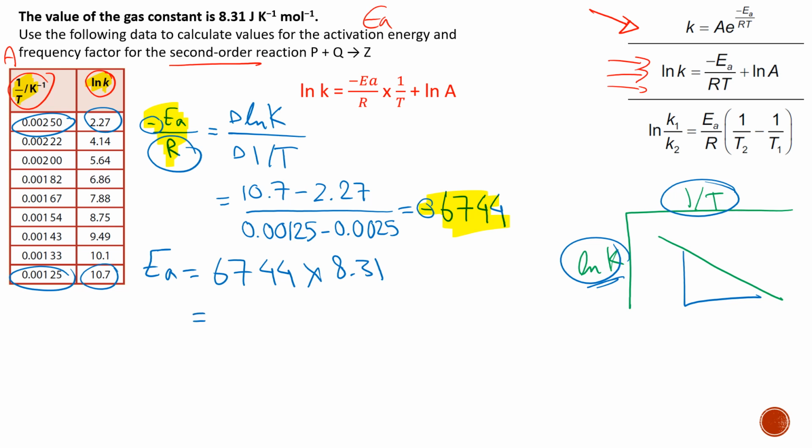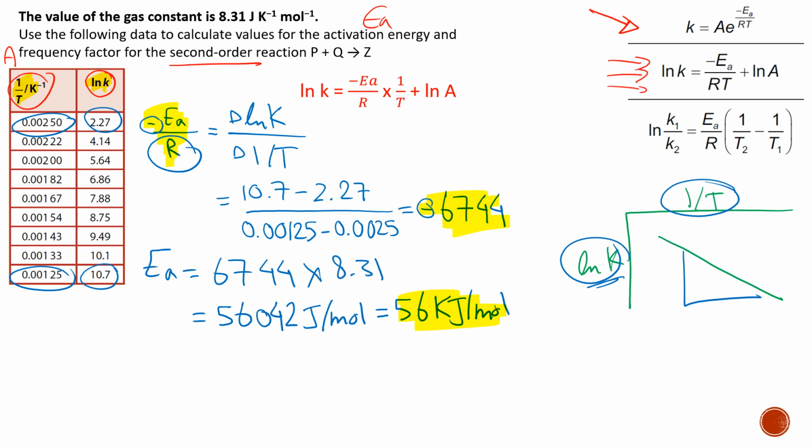So the activation energy is equal to 56,042 joule per mole, or we can write it as 56 kilojoule per mole. Okay, this is the activation energy.